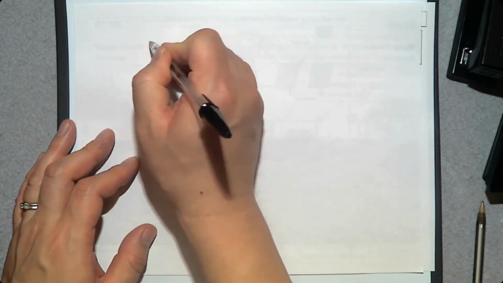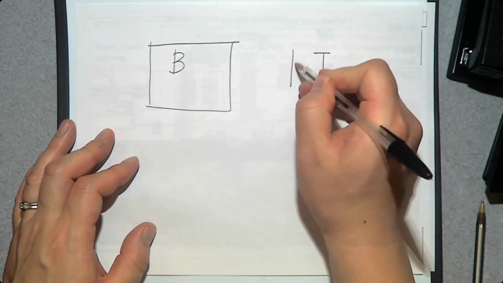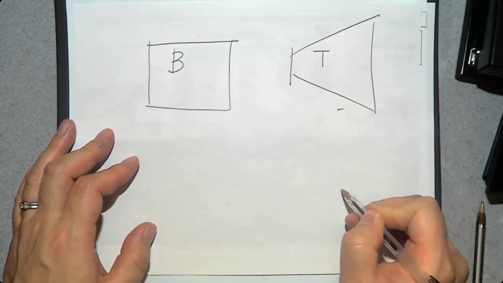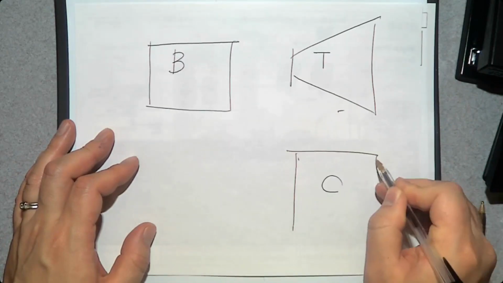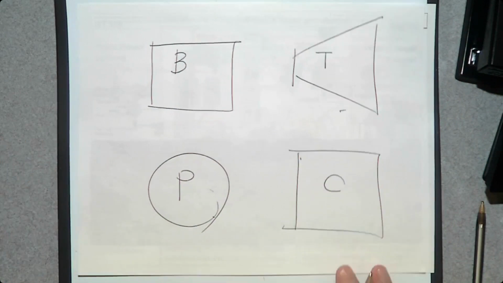So let's talk about boiler, turbine, condenser, and pump. So we have a boiler, turbine, and condenser, and pump. They are all connected, right?